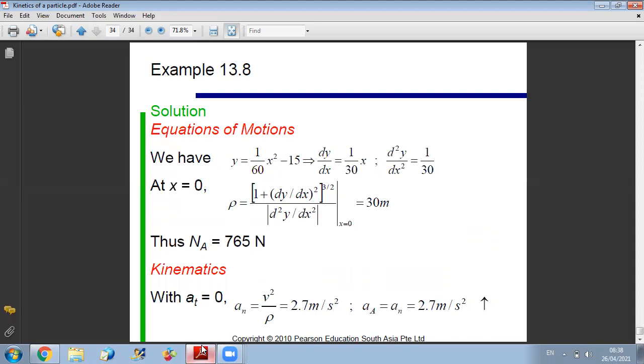You know that in curved motion the acceleration is divided into two components. But at A, since at is 0, the acceleration at A will be just equal to an. And we have already calculated rho, so we can simply say that an is v squared over rho. Therefore, the acceleration at A is upward, equal to 2.7.